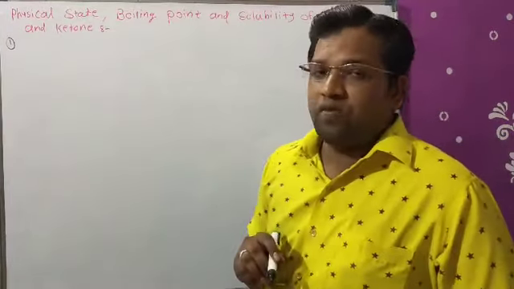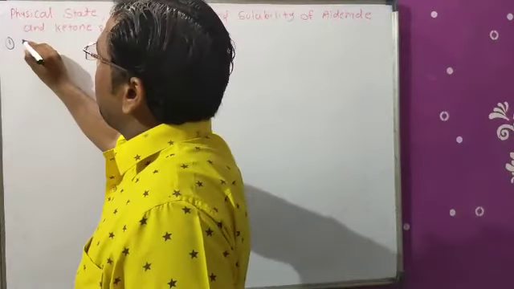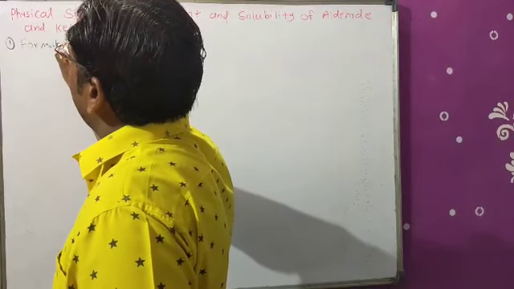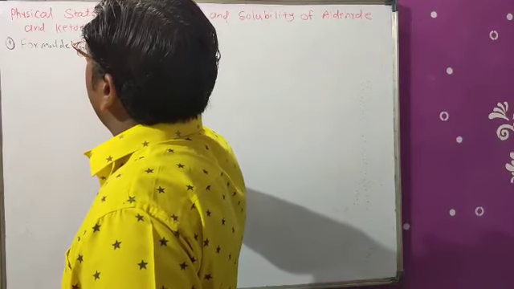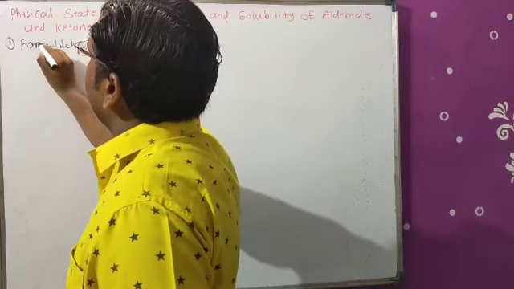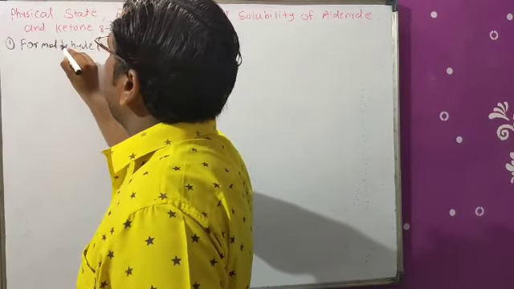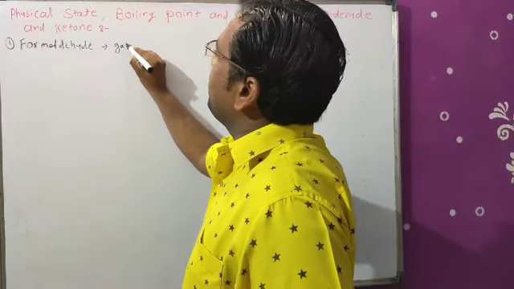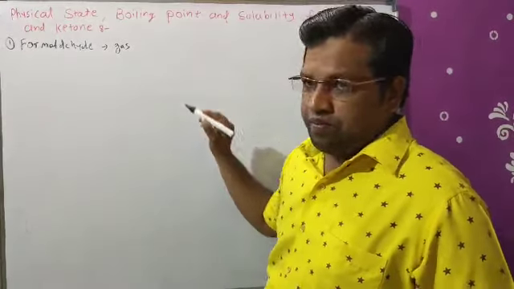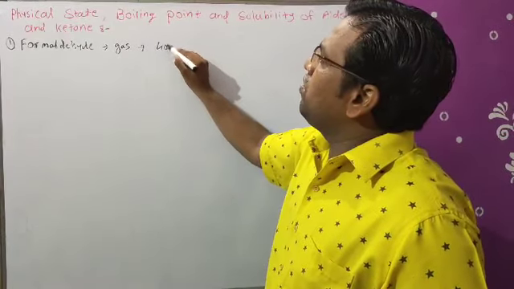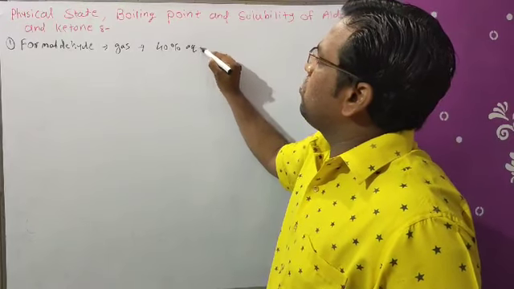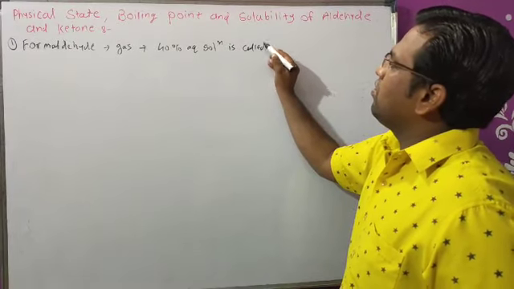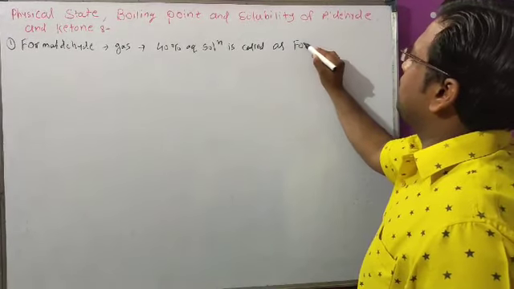So our first point, the physical state, for example formaldehyde. Formaldehyde is gaseous in nature at room temperature, and its 40% aqueous solution is called formalin.